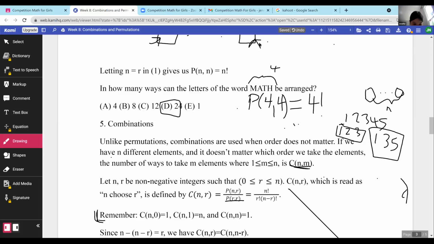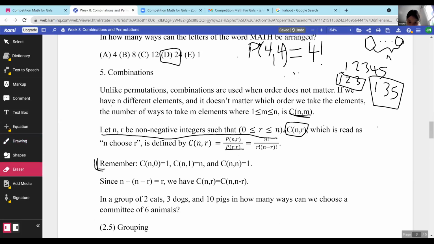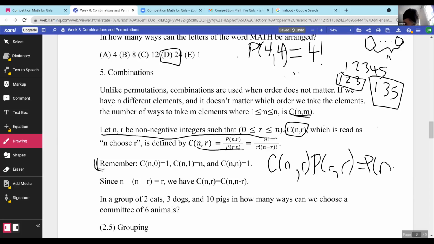So when we let n and r be non-negative integers, this is read as n choose r, and it's defined by n choose r equals P(n,r) over P(r,r). You could derive this by first multiplying both sides by P(r,r). And then you could see why that holds.